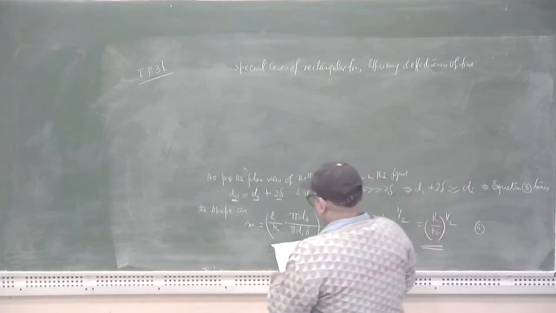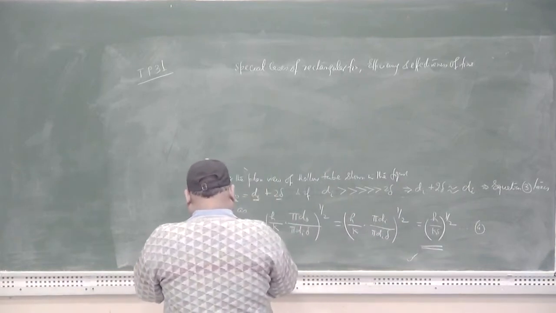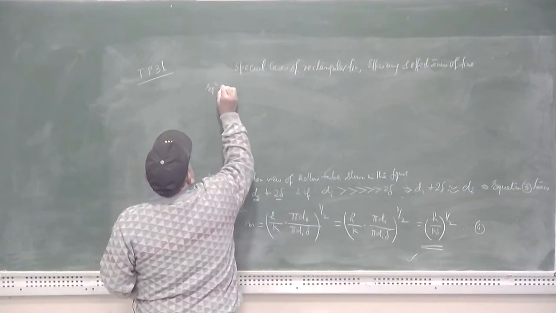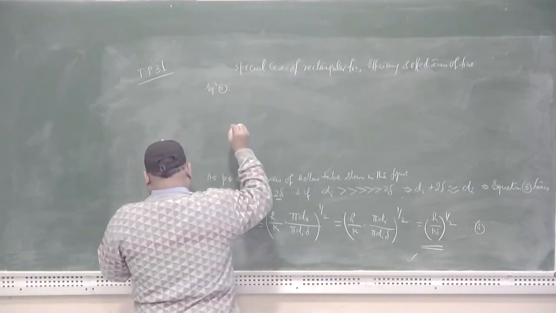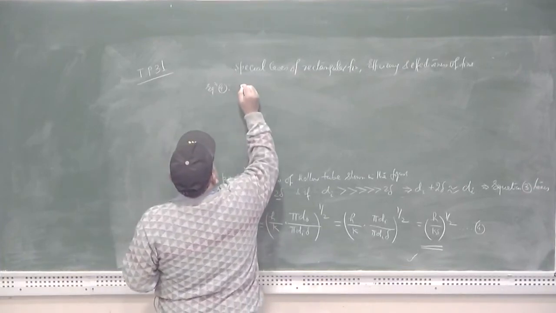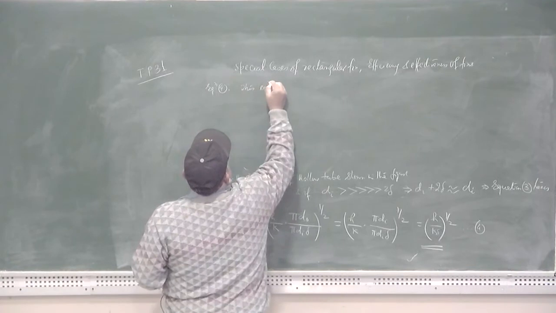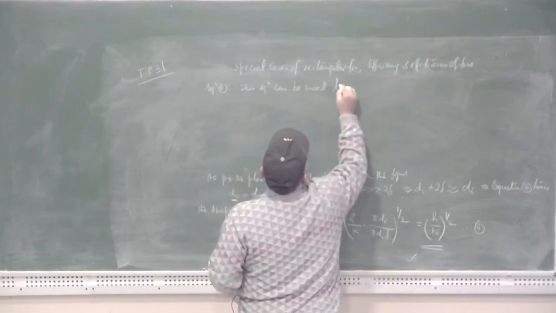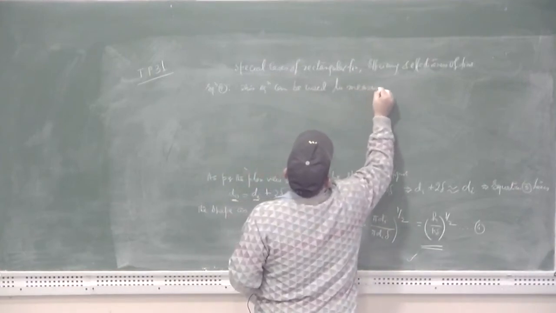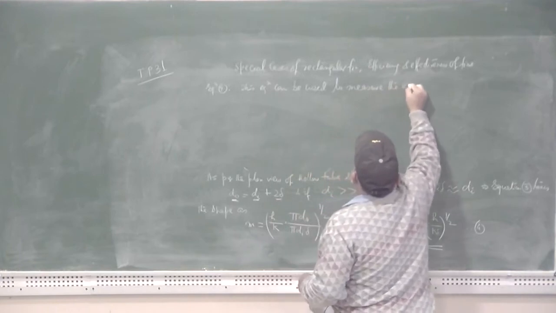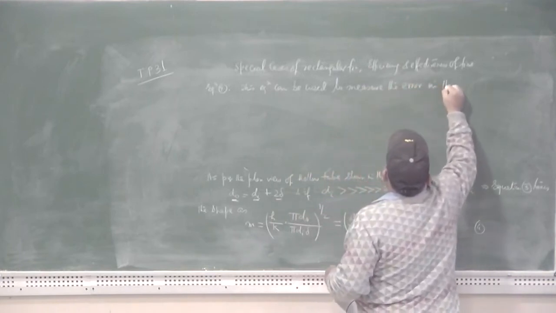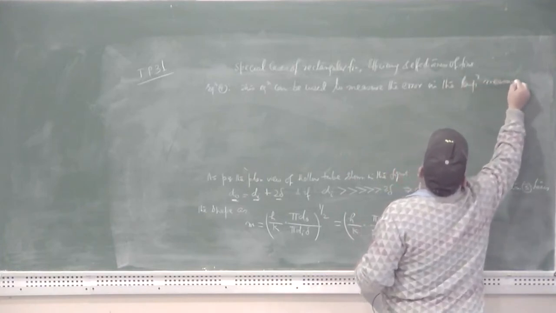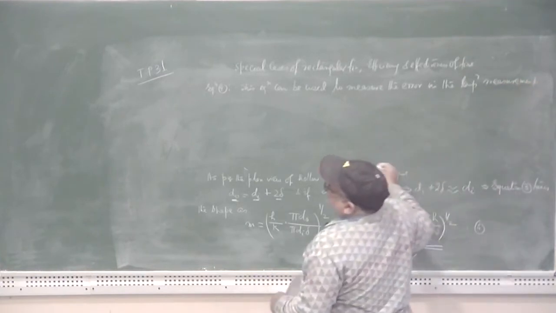So, discussion on equation number 4: this equation can be used to measure the error in the temperature measurement by a thermometer well.